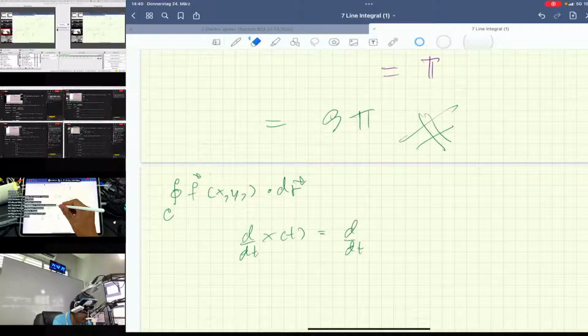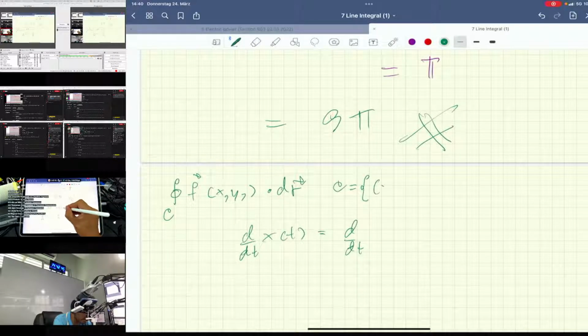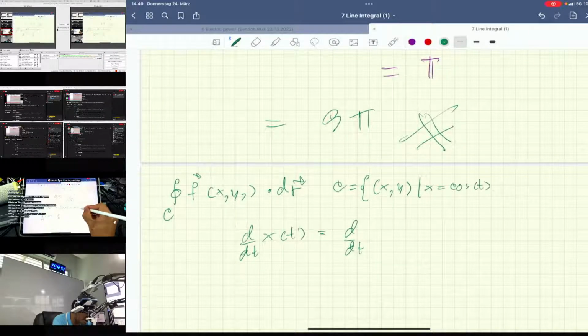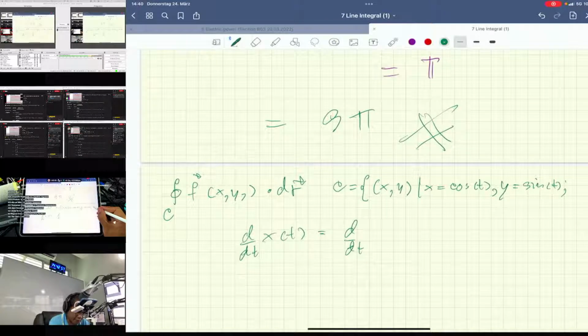should be the set of coordinates (x, y), where x is cosine t, y is sine t, and t is from 0 to 2 pi, closing bracket.